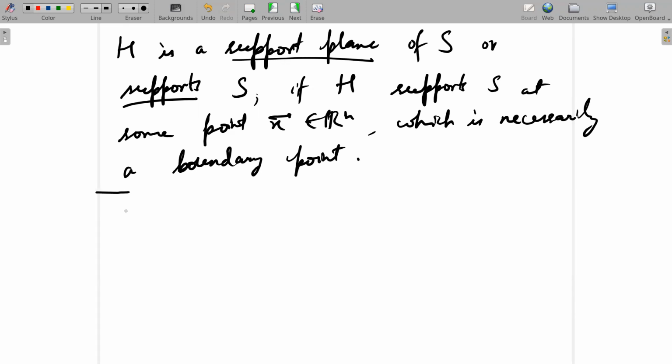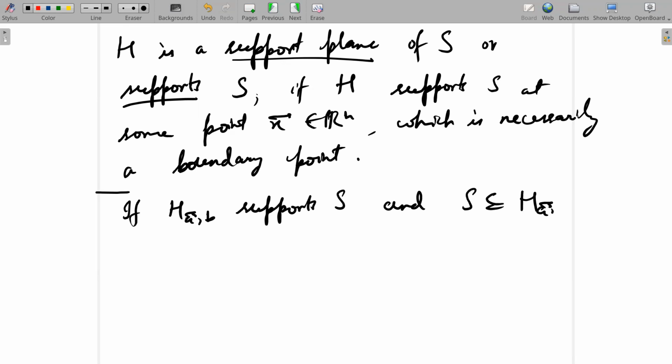So let's just clarify this definition. If H_{a,b} supports S and S is completely contained in H_{a,b}^-, I mean, by definition, if this supports S, S is either in this minus or this plus.